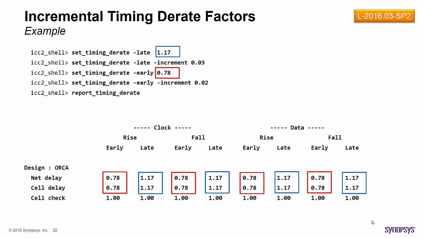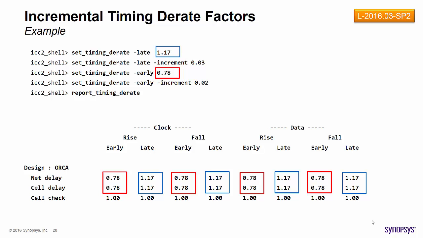Here is the example. You specify set_timing_derate -late 1.17, set_timing_derate -late -increment 0.03, set_timing_derate -early 0.78, and set_timing_derate -early -increment 0.02.